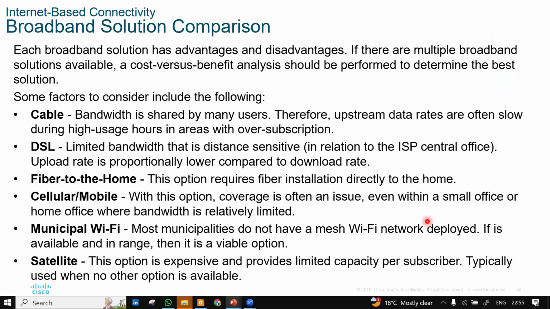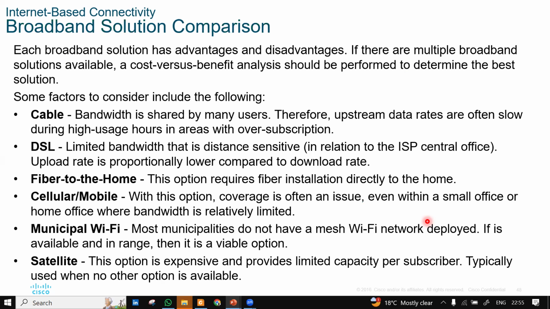Right, broadband solution comparison. Each broadband solution has advantages and disadvantages. If there are multiple broadband solutions available, a cost versus benefit analysis should be performed. Some factors to consider. Cable: bandwidth is shared by many users. That's a disadvantage.